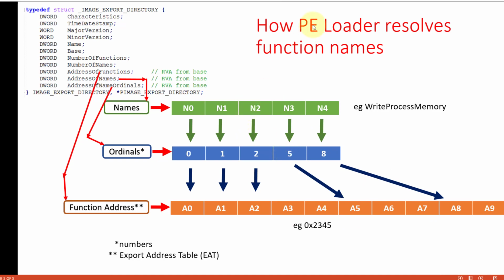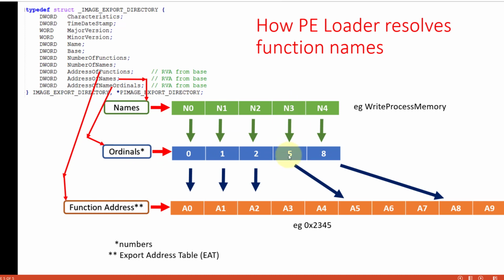For example, if the PE loader wants to find a particular function name called N3, the PE loader will go to this names array and look through each member of the array until it finds N3. N3 could be write process memory, for example. Then it will go down to the ordinals array and look for the corresponding ordinal for N3.